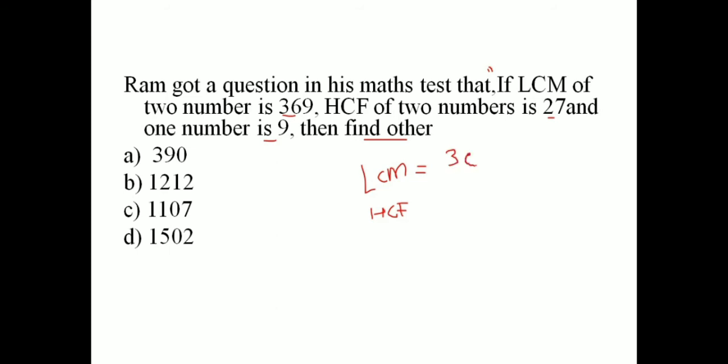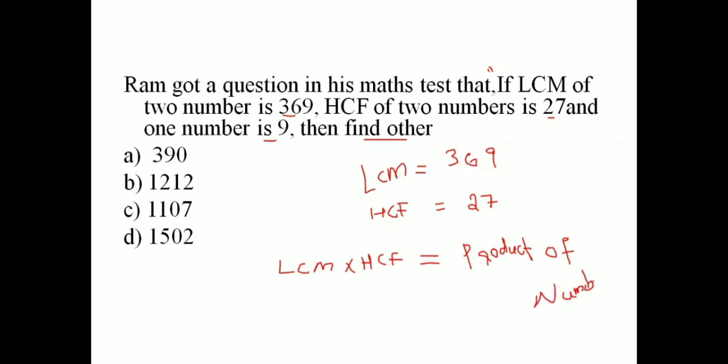It is nothing but that the product of two numbers is equal to the product of their LCM and HCF. Suppose the two numbers are A and B, then A into B is equal to LCM into HCF of A and B. That is, the product of two numbers is the same as the product of their LCM and HCF.